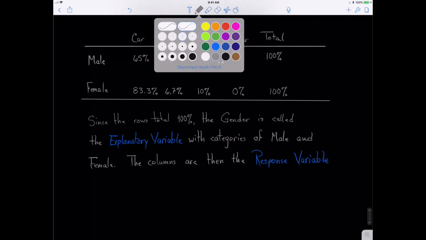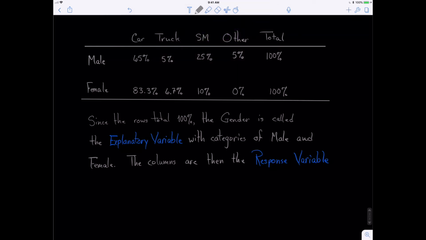The columns are then the response variable of transportation, with categories of car, truck, SUV, and minivan.